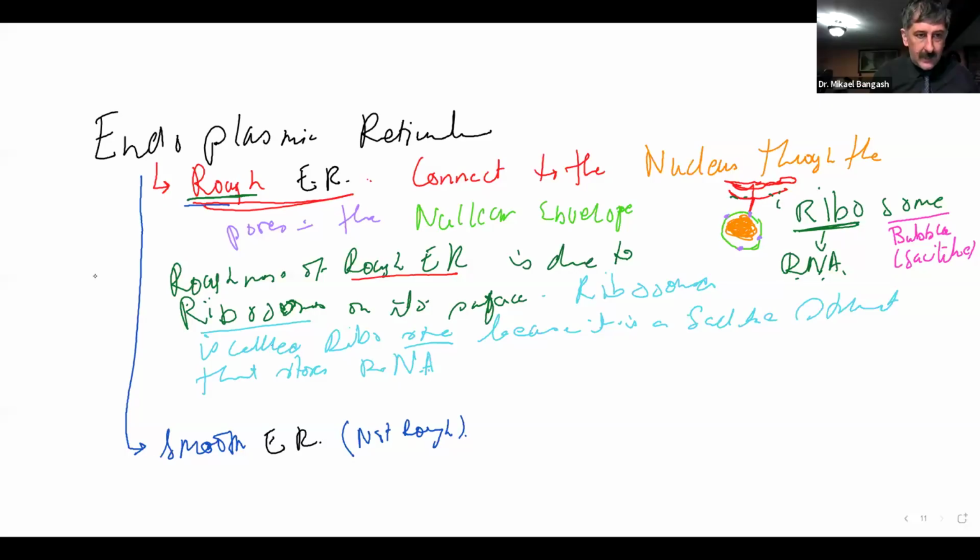Now, we said rough endoplasmic reticulum, right? What does it start with? R. What made it rough? Was the ribosome. And why was it that we called a ribosome the ribosome?